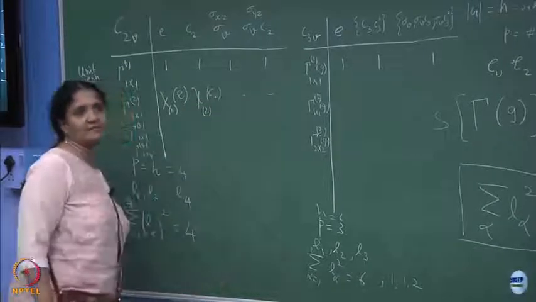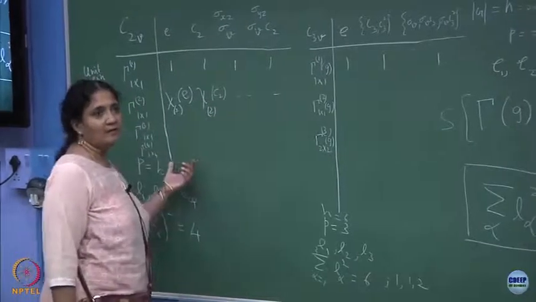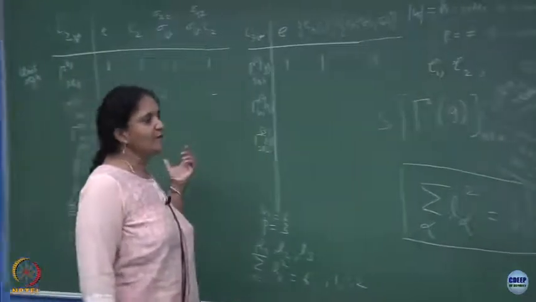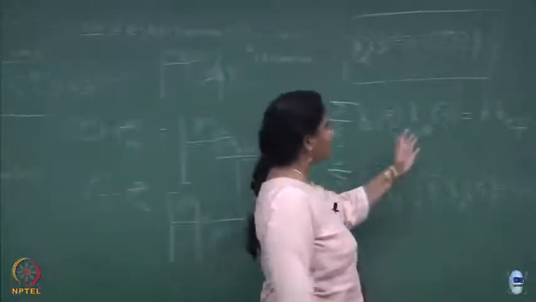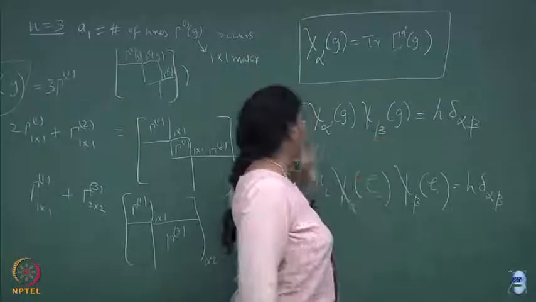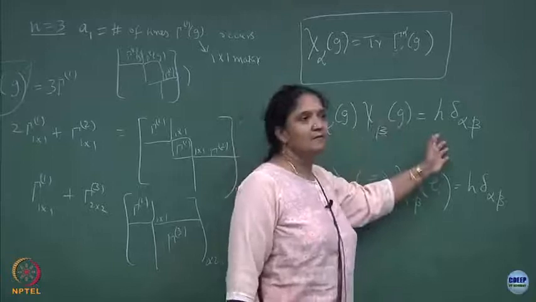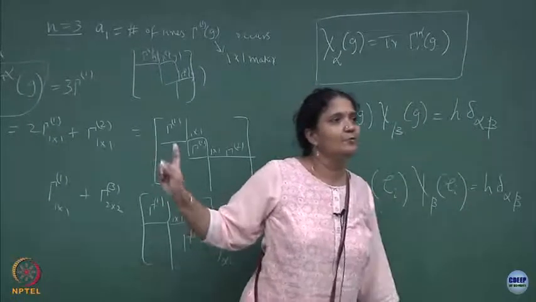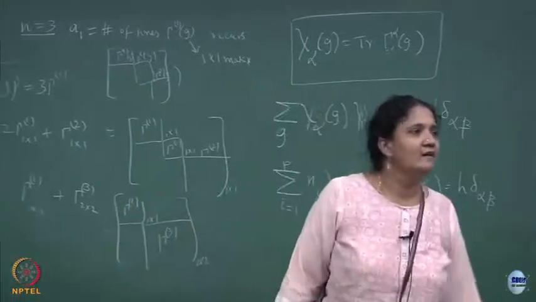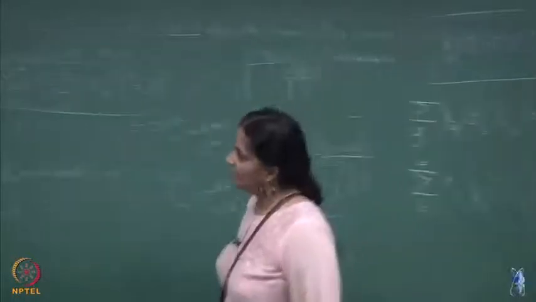I need to fill this, I have not done it. Yeah. How do we fill it? We just use this property. The product summed over all elements should be orthogonal, because one irrep is a unit representation and the other irrep is a non-trivial representation. So, let us fill it.